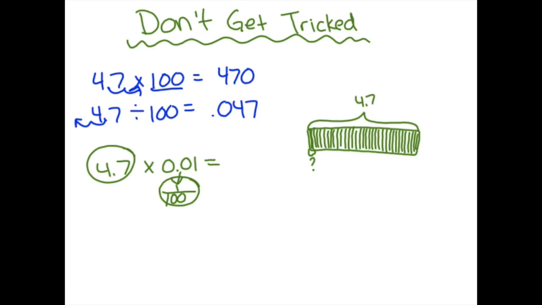So I'm multiplying times a fraction. So that's why my number is going to be getting smaller. So in this case, we're multiplying times 0.01. My decimal place, I have to account for 2 place values, hundredths place. So my decimal place is going to move 2 spots over to the left. I'm going to get 0.047.